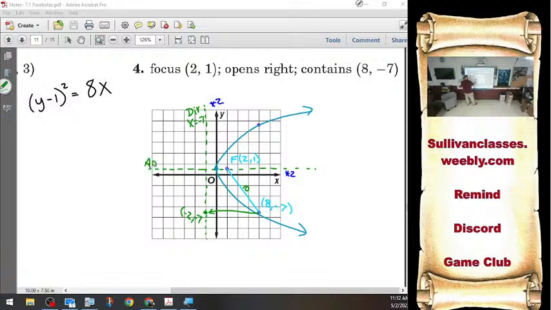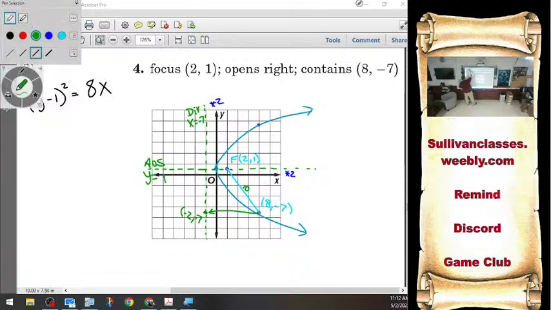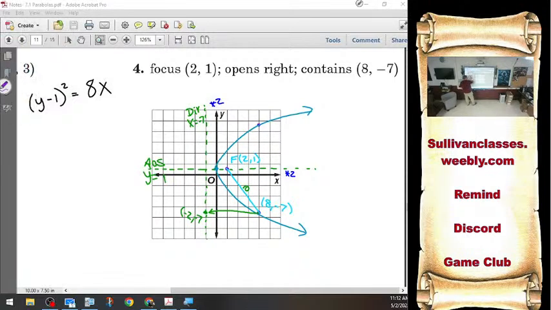My axis of symmetry is at y equals 1. The intersection between those two is the point -2, 1. And halfway in between -2, 1 and 2, 1 is 0, 1.